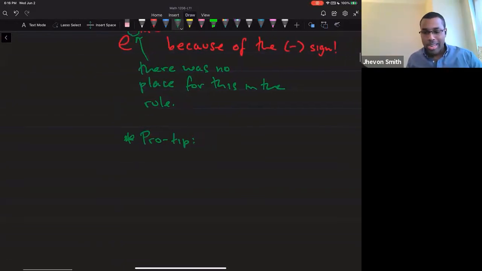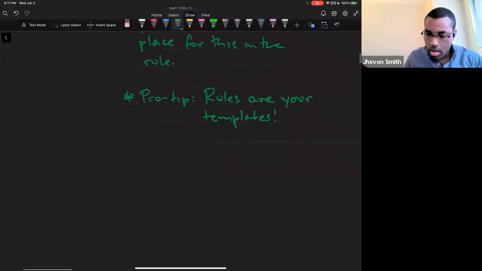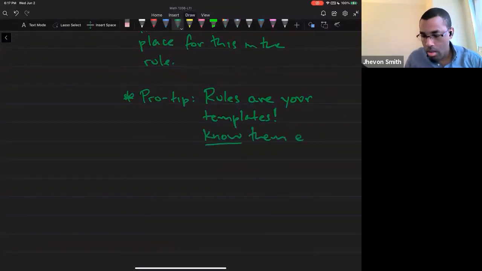So I'm just going to tell you guys, the rules are your templates. It's not okay to kind of know them. Know them exactly. They must fit on top of the problem you want to apply them to.